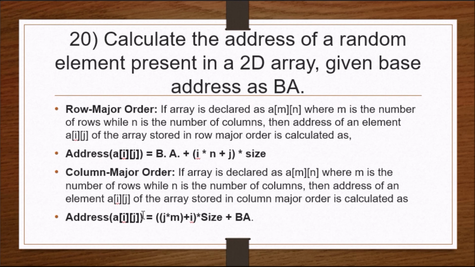Address of a[i][j] is equal to (j multiply m) whole bracket then plus i, multiply size, plus base address. Okay, so in the column major order, base address is added at the last, but in the row major order, base address is added firstly. Okay, so these are the formulas for calculating the address of a random element present in a 2D array.